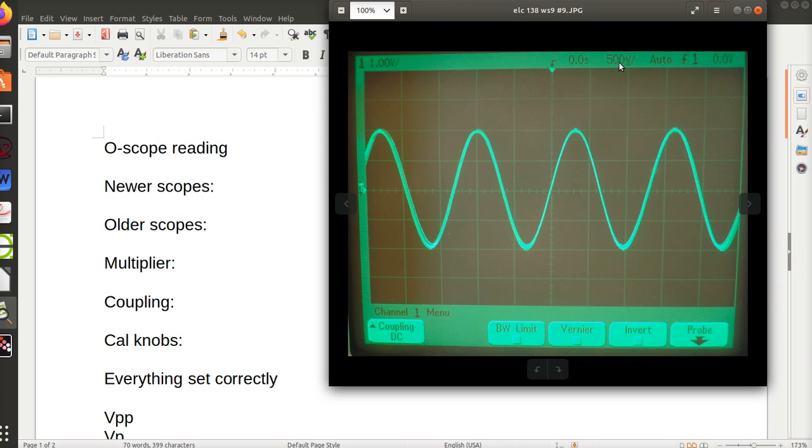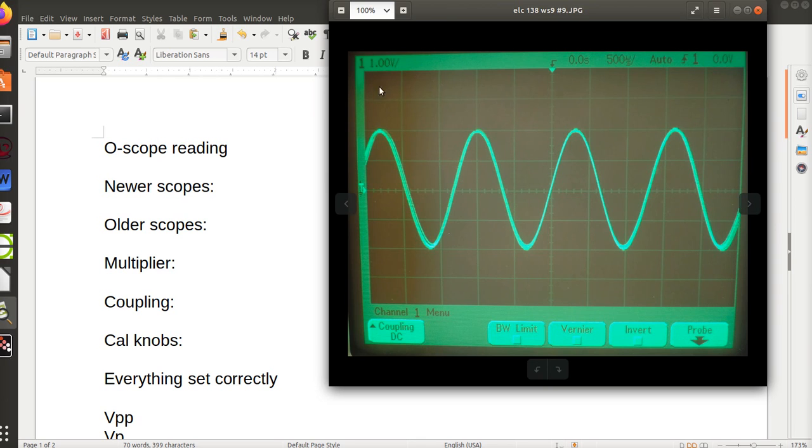Now, it could be off because the calibration of the instrument drifted. But if it says 500 microseconds, then each square is worth 500 microseconds. If you're on an older scope and you've got 500 microseconds, but your calibration knob is tweaked away from full clockwise, then it'll say it's 500 microseconds, but each of these squares will no longer represent that. So that's some of the things you've got to do to get everything set up right.